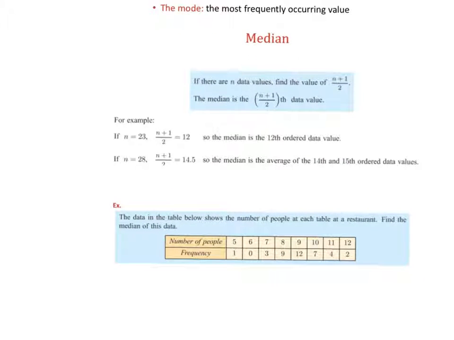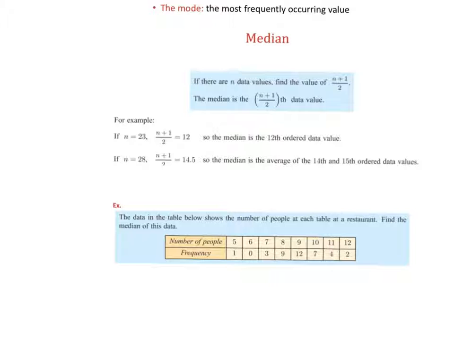Now, they say that you can find the median analytically using this formula. If there are n data values, you find the value of the median by taking the number of values that you have plus 1 divided by 2. So if you have 23 values among your data set and you want to find the median relatively quickly, then you can say, okay, 23 plus 1 is 24 divided by 2 is 12.